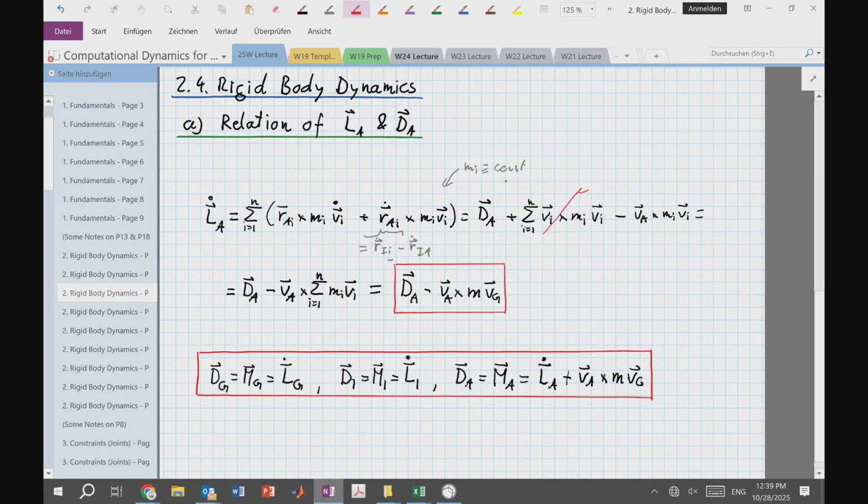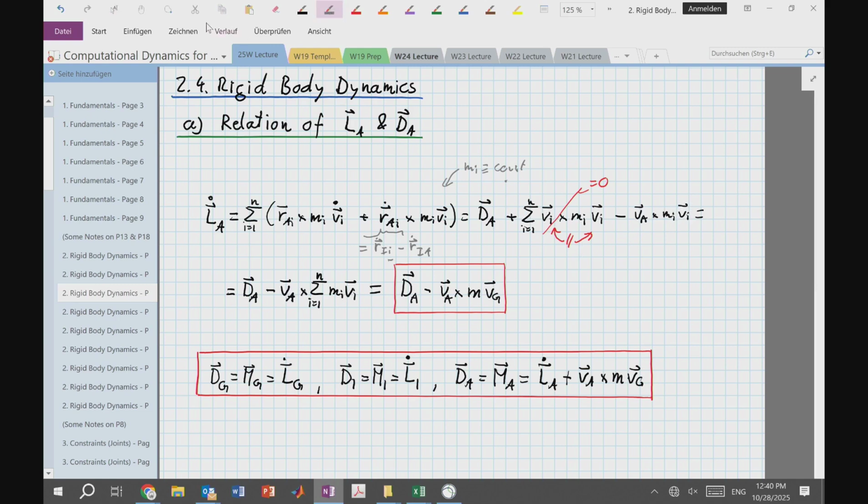That first cross product will evaluate to 0, because v_i and m_i times v_i are parallel, right? So that cross product is always going to be 0. And for the second term, I copy down here, this is m_i cross acceleration, physical derivative, m_i times acceleration. That is exactly the definition of my kinetic moment, the sum over lever arm cross m_i times acceleration is d_A. So the time derivative of the angular momentum about point A is the kinetic moment about point A minus v_A cross the sum, where I can take the sum back to everything that has an index i.